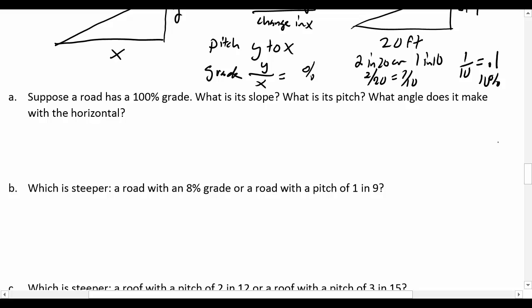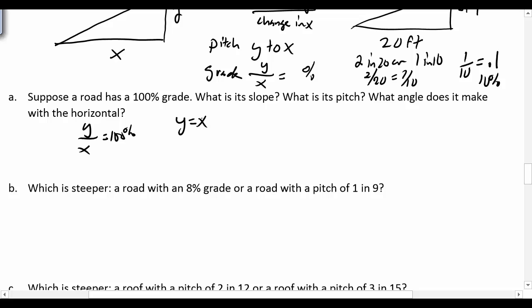So suppose a road has 100% grade. What is its slope? What is the pitch? And what does that mean? So 100% grade means x and y, and the way for that to happen is when I divide, I get the same number. So that means y over x has to be 100%, so y has to equal x.